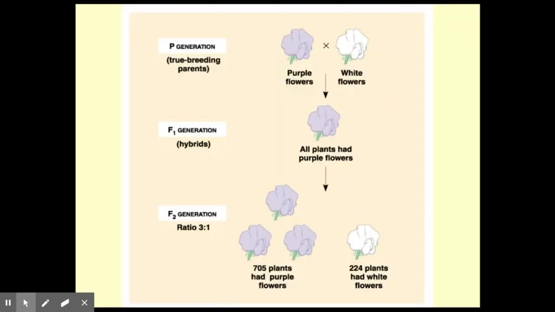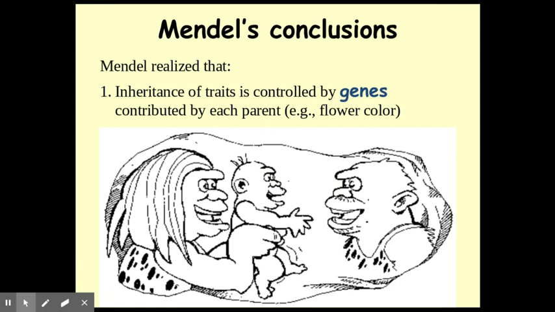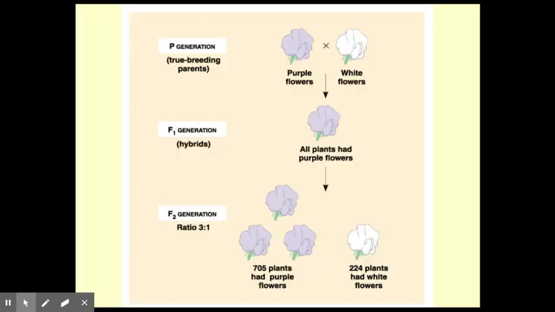So this is what he basically got. He got the parent generation. The parent generation, he crossed purple and white plants. And then he got all the plants that were purple when he was looking at the flowers. And then for the F2 generation, he crossed two of the F1 generation.